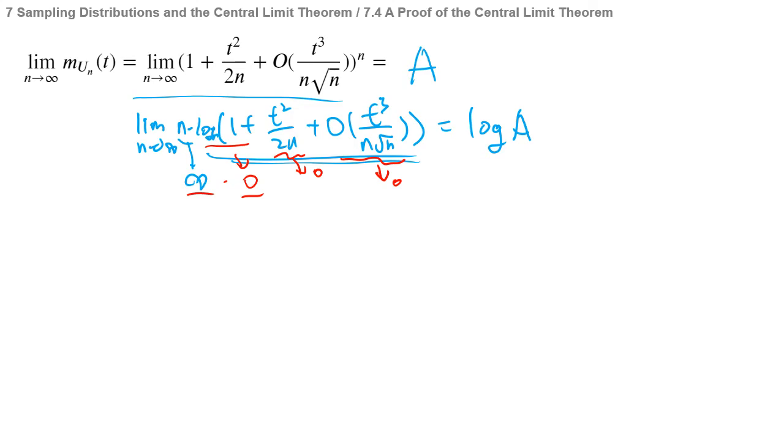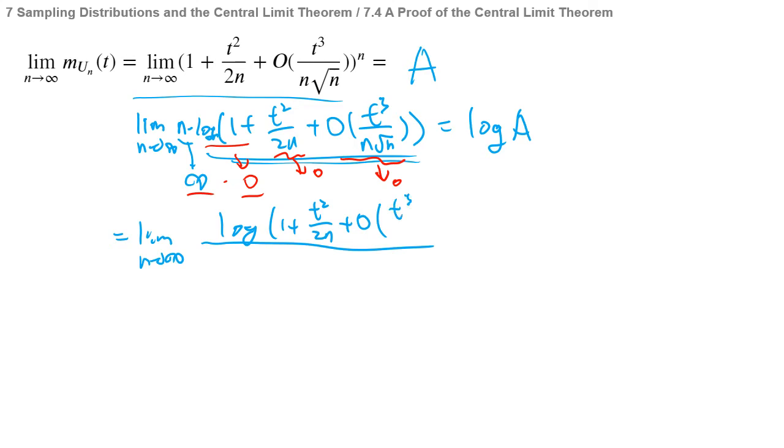However, we can rewrite this n as 1 over n, so we write this as the limit as n goes to infinity of log of 1 plus t squared over 2n plus o of t cubed over n square root of n, divided by 1 over n.